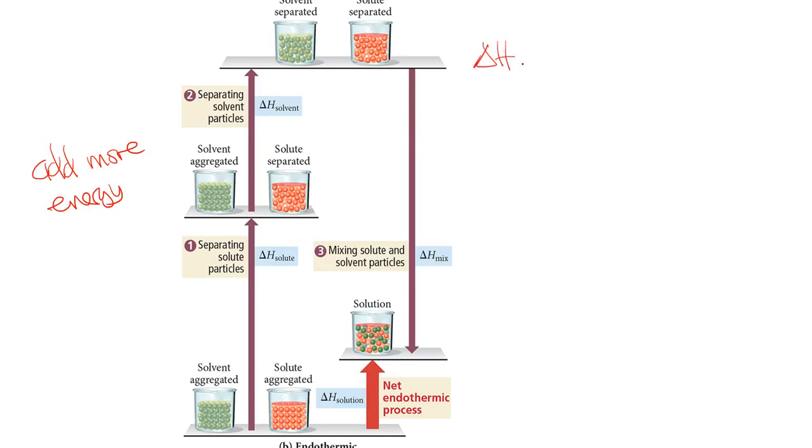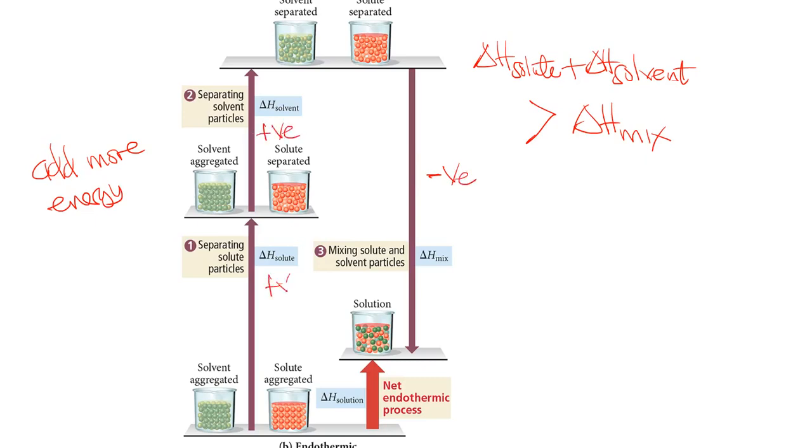So delta H solute plus delta H solvent is greater than delta H mixing. In that case, when you add all these, because this one is supposed to be negative, these two are positive, they are going to give you a positive number, and the reaction is going to be endothermic.